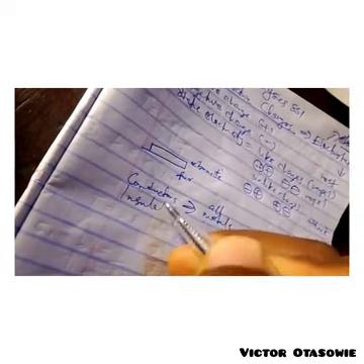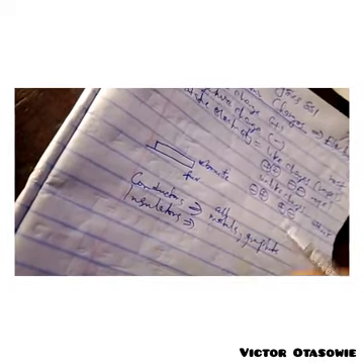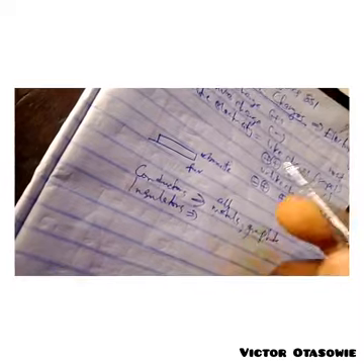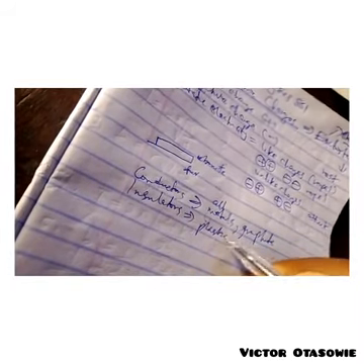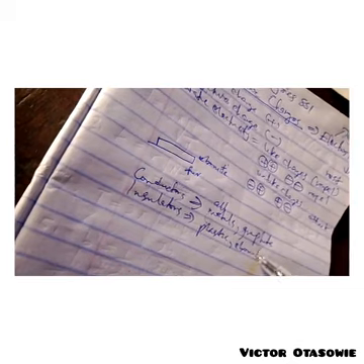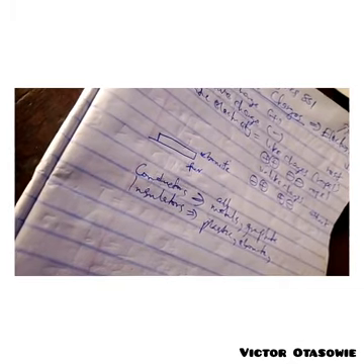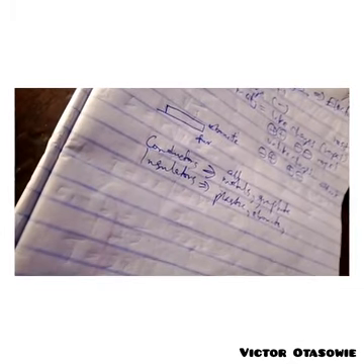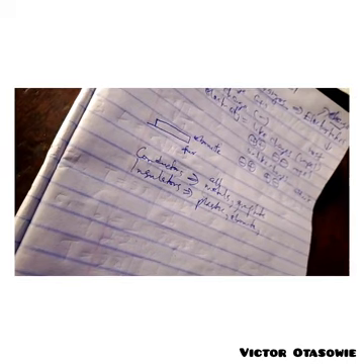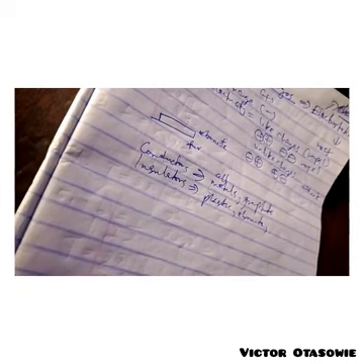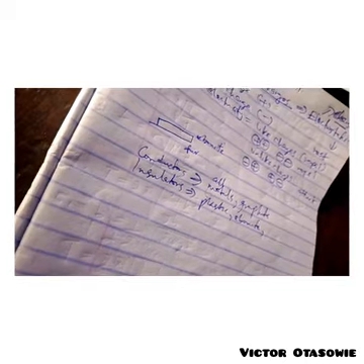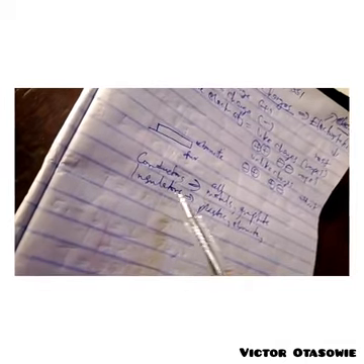Then insulators are materials that do not allow electrons or electricity to pass through them easily, and they include plastic, ebonite, ceramics and all that. All these are examples of insulators. So these materials are known as insulators.